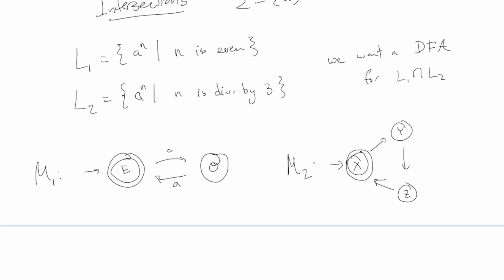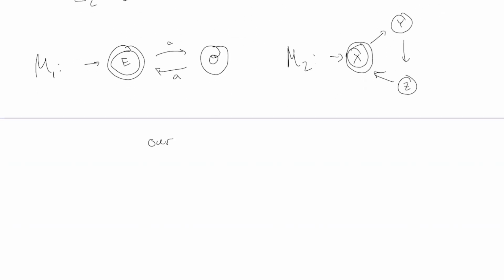And here's the big idea. The big thing is we need a DFA which somehow combines these two together. And the idea is, I'll say, our DFA for the intersection must do both simultaneously. I have suggested that maybe you would want to chain them together, but you can't really do one after the other.